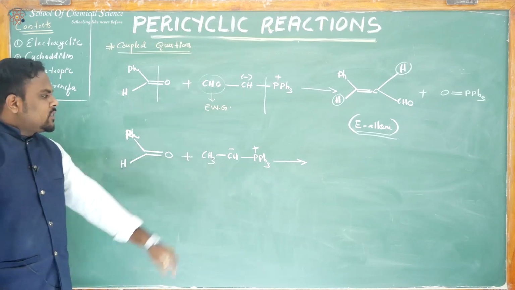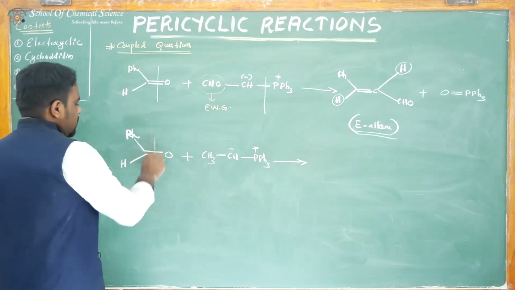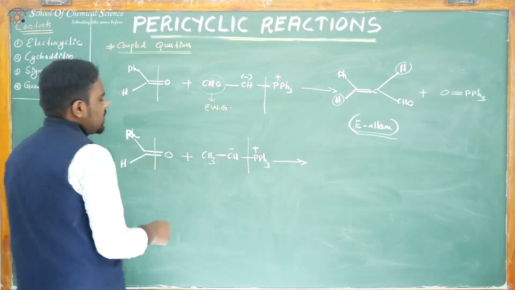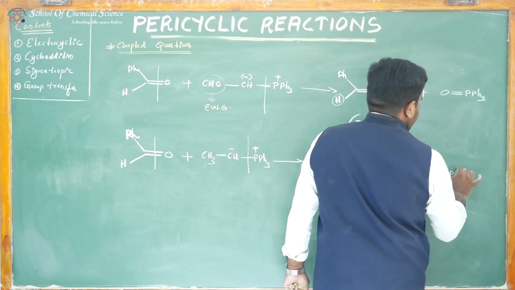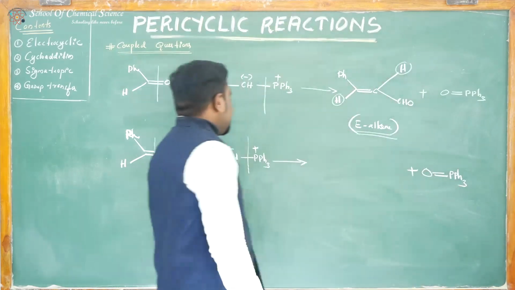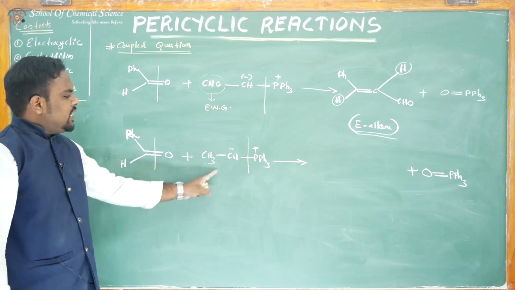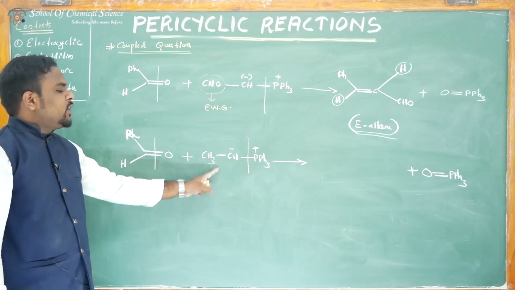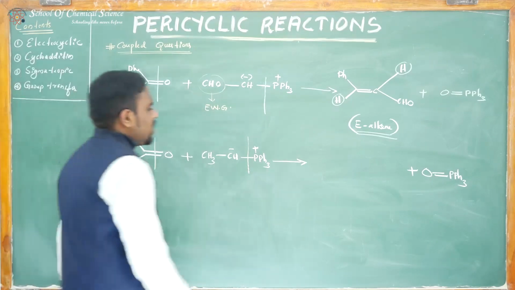How can you write the product? Cut. PPh3O is eliminated. What is the stereochemistry of the product? Here the G group is an electron donating group. The methyl group is electron donating, so the product is a Z-alkene.